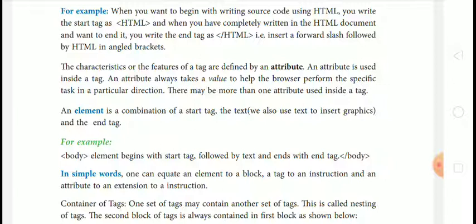Here you can see the backslash is given, so it indicates that it is the ending tag. The backslash shows that it is the ending tag, and the first one without a backslash is your starting tag. Insert a forward slash followed by HTML in angled brackets.